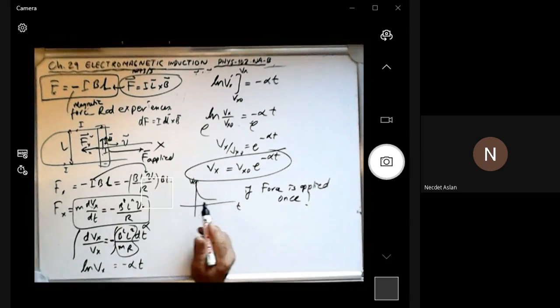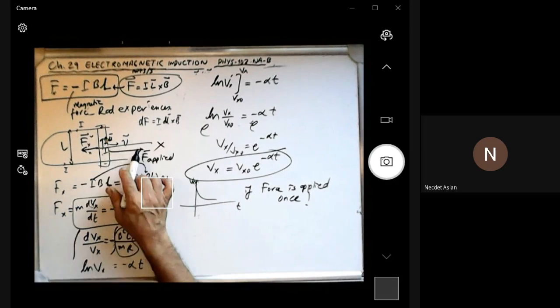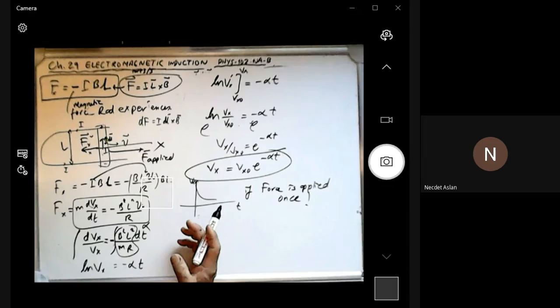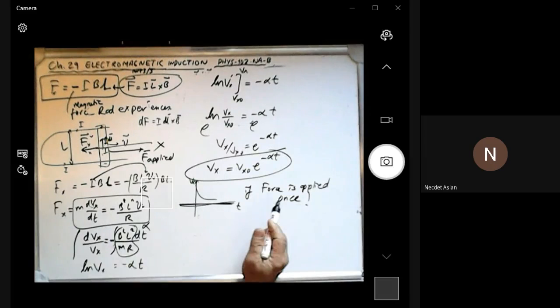It means that it will just stop by itself, just like the frictional case. Although there may be friction, we are not even considering this. Even without friction, we see that there is a retarding force to the left, opposing the motion. So the velocity just drops exponentially.